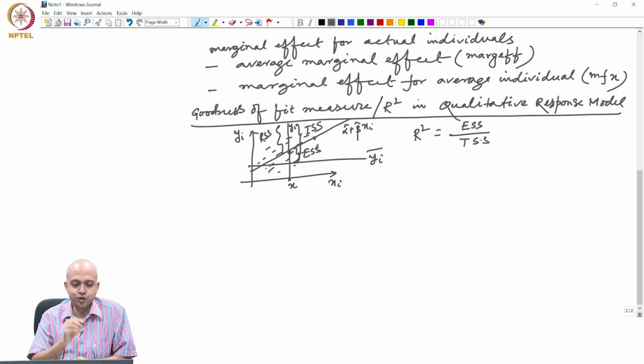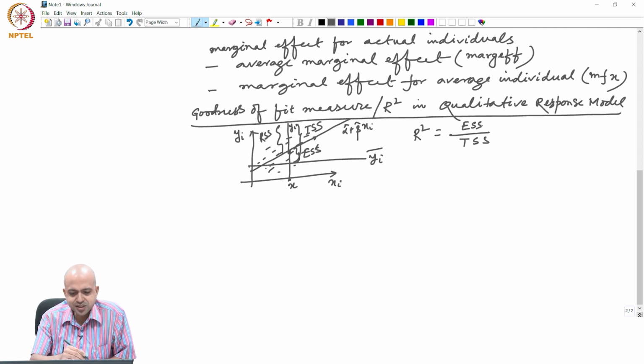Your R square you have defined as ESS by TSS. So out of your total variation in y, measured by summation of yi minus y bar whole square, and how much you have explained, summation of yi hat minus y bar whole square, your R square is ESS by TSS.